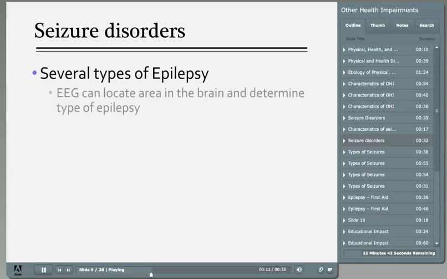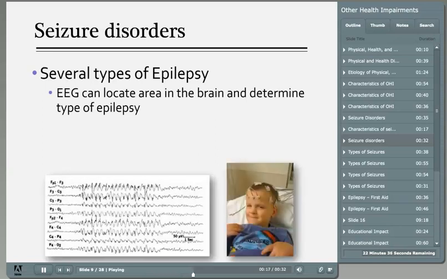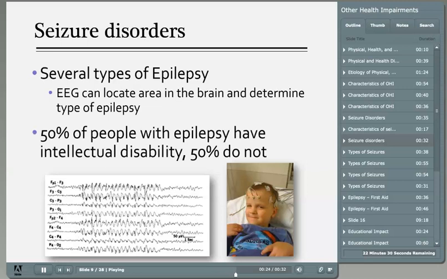In order to identify the type, doctors will do an EEG or electroencephalogram to determine the part of the brain that is affected. Seizure disorders are present in about 50% of the population of individuals with intellectual disability. However, epilepsy is not associated with intellectual disability.